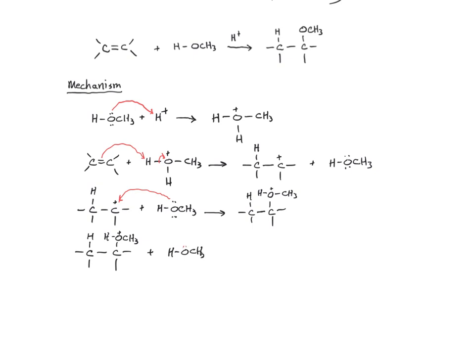So the electrons come in from the methanol, attack the H, and push the electrons back onto the oxygen. Which brings us to our product, which, like I said earlier, is going to be an ether. In this case, it's a methyl ether.